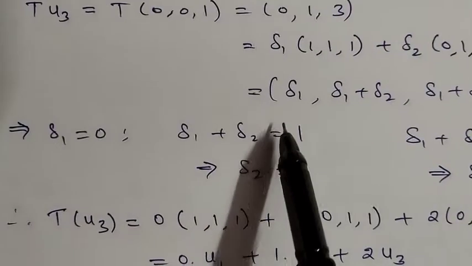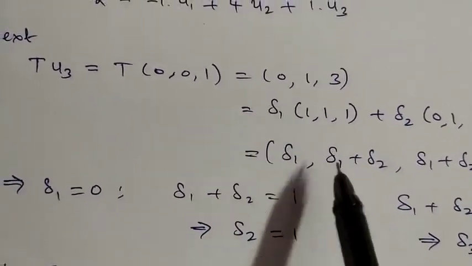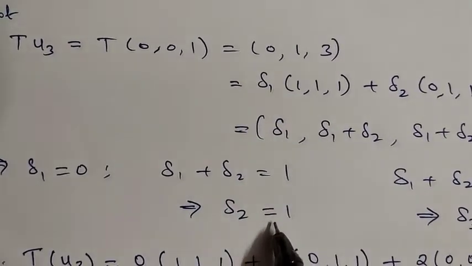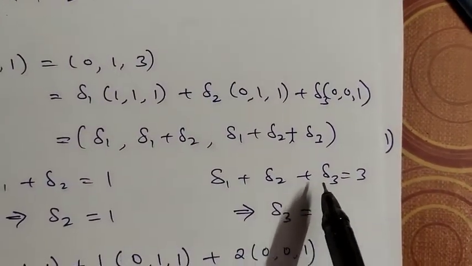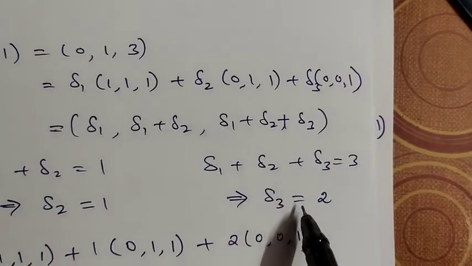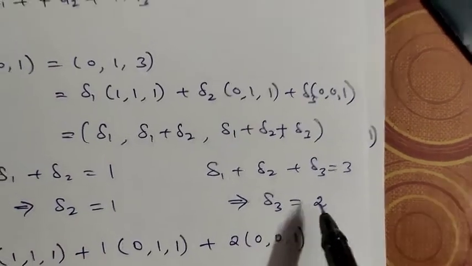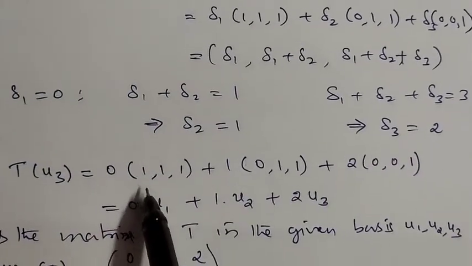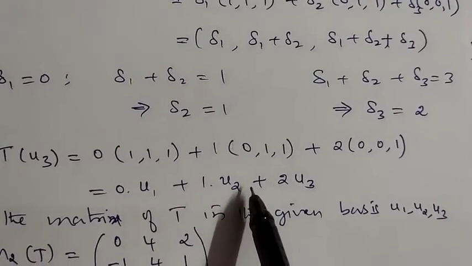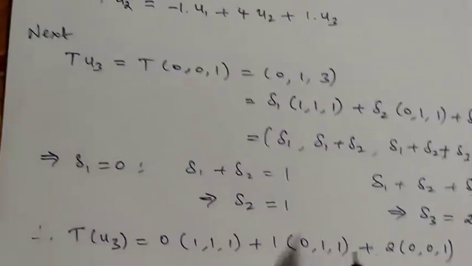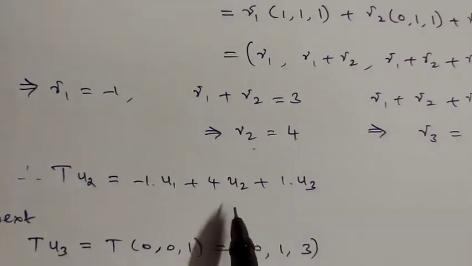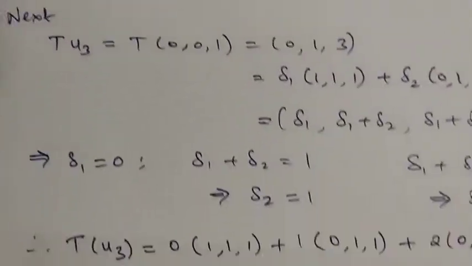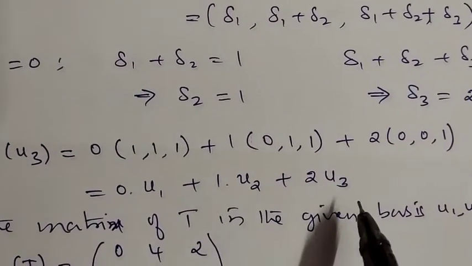Accordingly delta 1 is 0, delta 1 plus delta 2 is 1 which means delta 2 is equal to 1 because delta 1 is 0, and delta 1 plus delta 2 plus delta 3 is 3, which means delta 3 is equal to 2. Therefore T of u3 can be written as 0 into u1 plus 1 into u2 plus 2 into u3. We get the expression for T of u1, T of u2 and T of u3 in terms of u1, u2, u3.